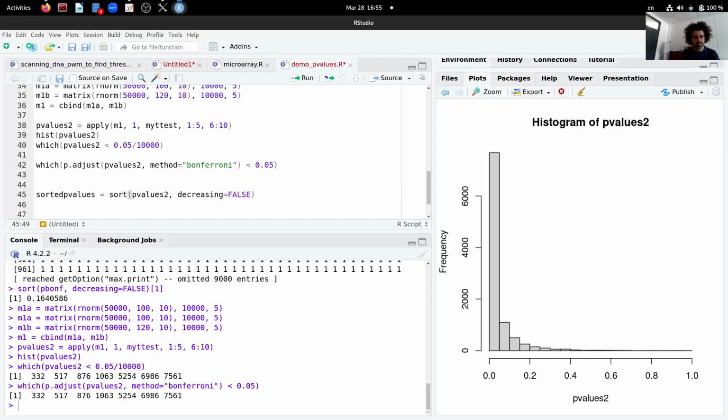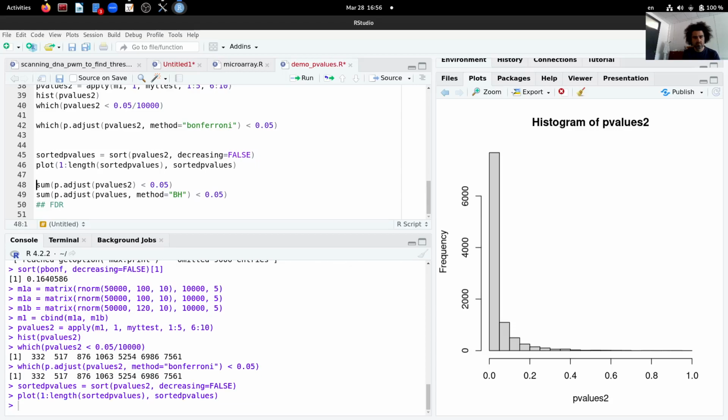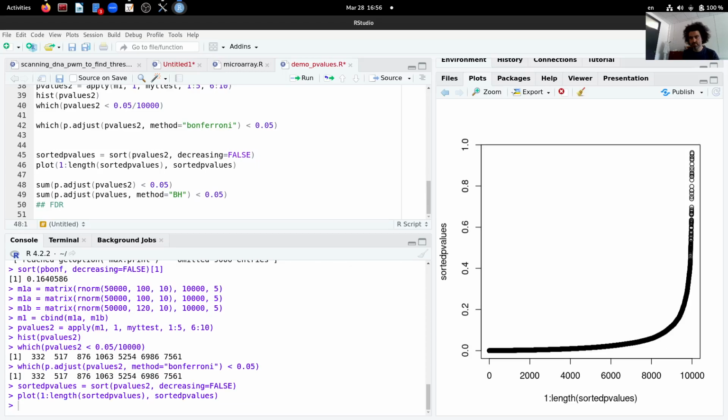Okay, and if I do the plot, so this will be 1 to the length of sorted p-values. This will be my x, and my y will be the sorted p-values. Then I have something like that, as you see here.